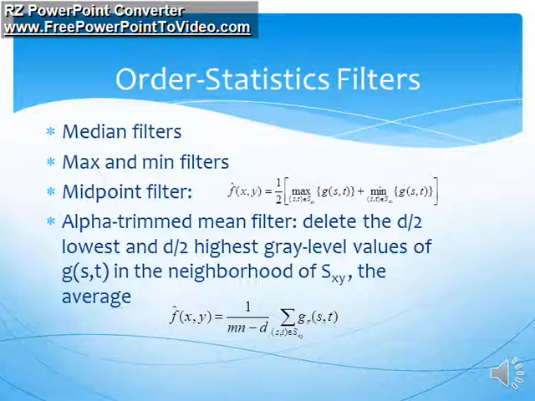The fourth point is the alpha-trimmed mean filter, which deletes the d/2 lowest and d/2 highest gray level values of g(s,t) in the neighborhood of (x,y). The average value is given by f cap(x,y) equals 1 by m times n minus d, times the summation of g_r(s,t) over (s,t) in S_xy.